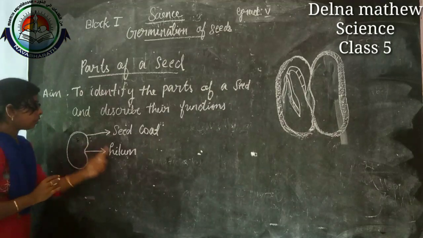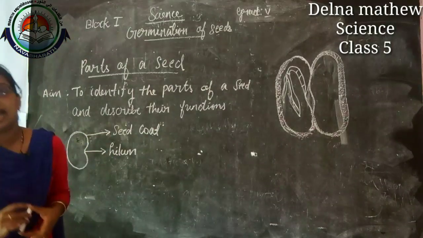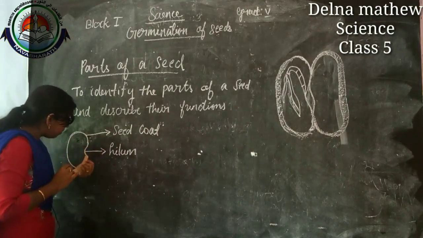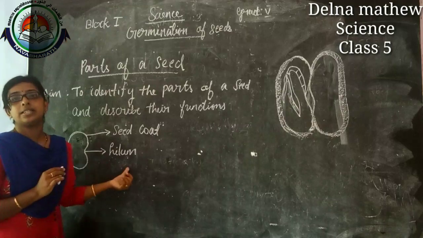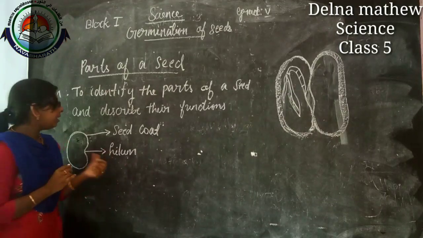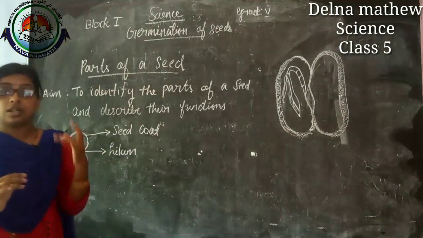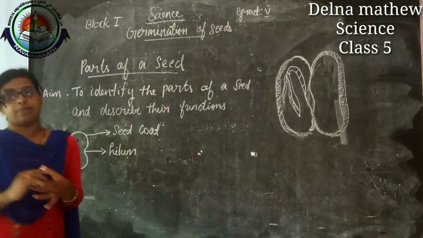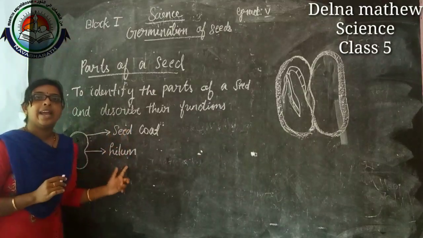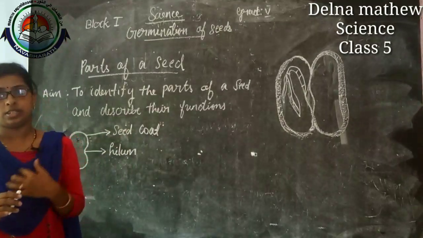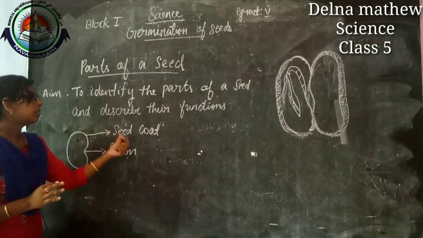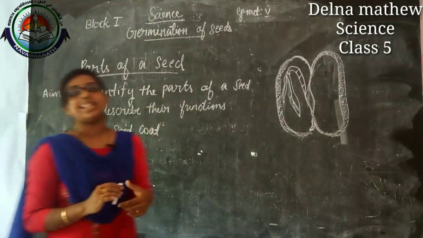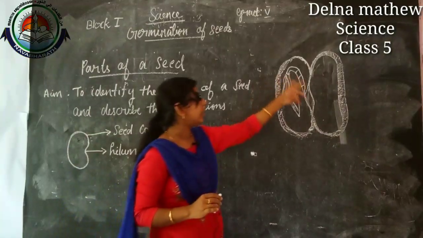This curving portion is considered as the hilum. This hilum attaches the seed to the parent plant. So these two are the external parts of a seed. What are the external parts? Seed coat and hilum.